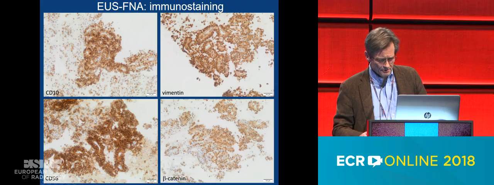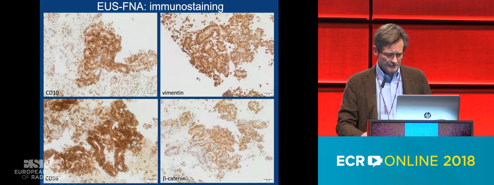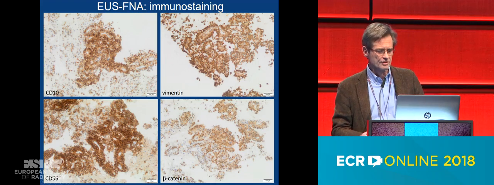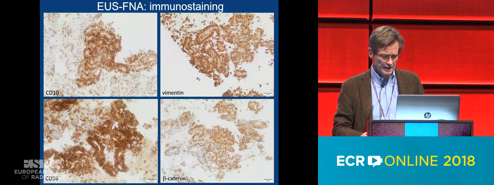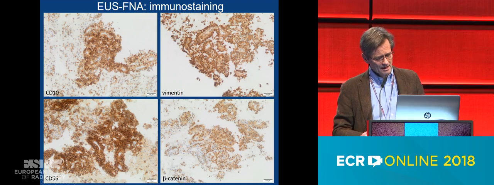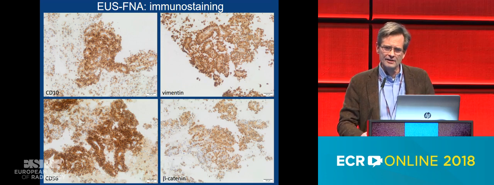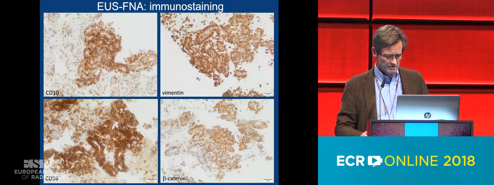The interesting point here is that even with FNA, histopathologists are able to perform immunostaining, and probably this is why we went for FNA in this particular case, since in some institutions, people around the table don't like surgery to be a diagnostic test.